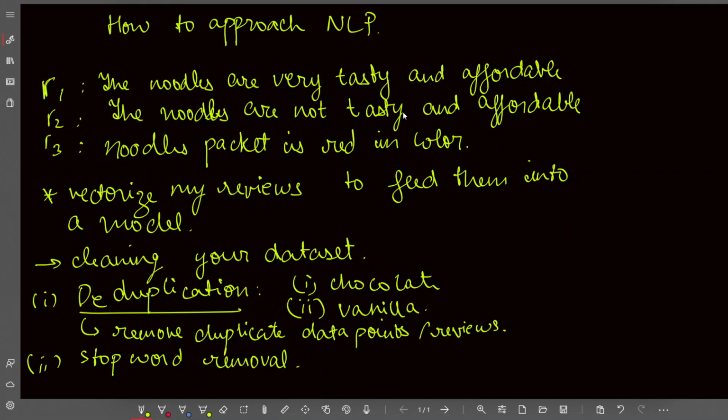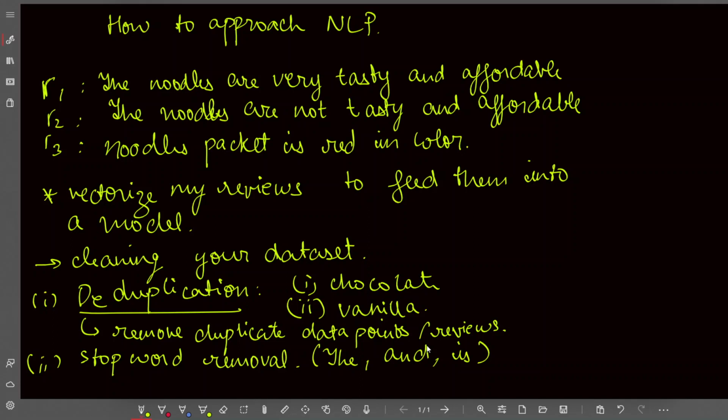I think you would all agree with me that there is no particular sentiment or information in words like the or and is. These words, the and is, don't carry any particular information about a review. They are called stop words. Stop words are words like this, the, and, them, they, who, how, what, where, when.